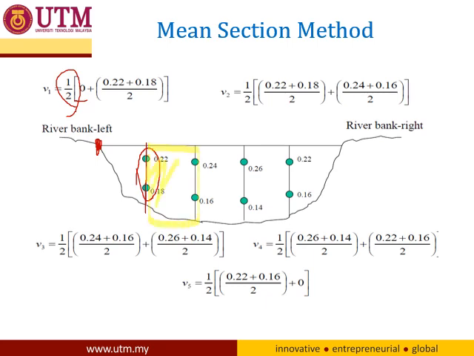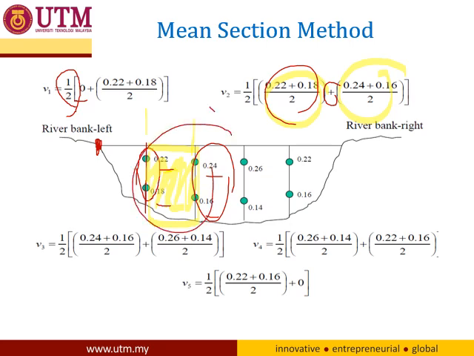Now we have two readings of the velocity, two lines of reading, this line and this line. So you average 0.22 plus 0.18, and then you add 0.24 plus 0.16 and average them. So from this you average them all, that is why you get this formula. Likewise for V3, V4, and V5.